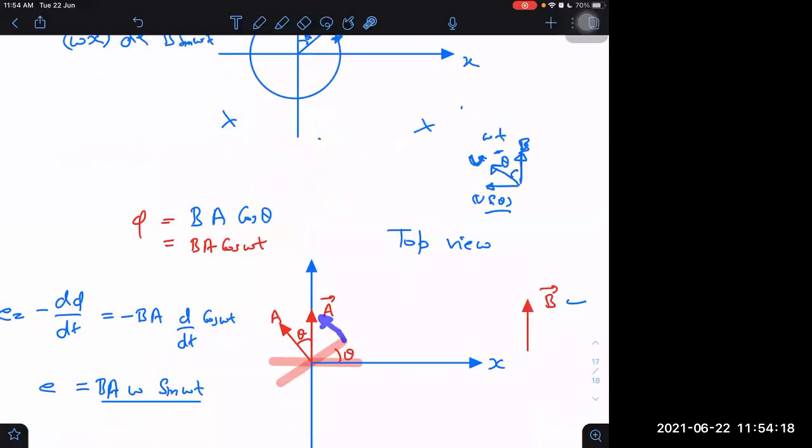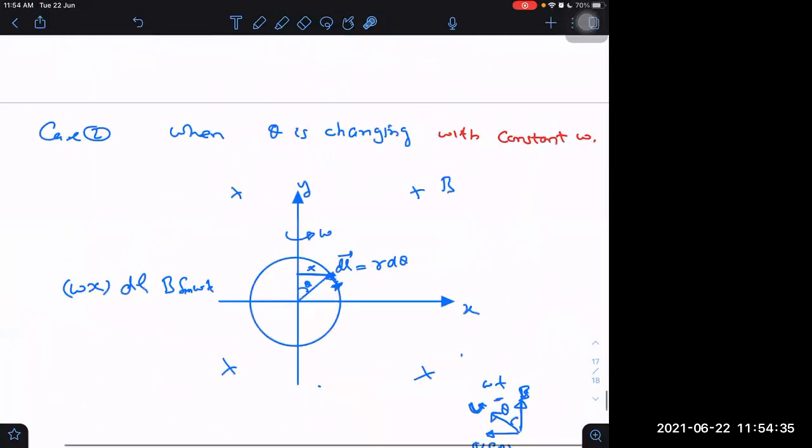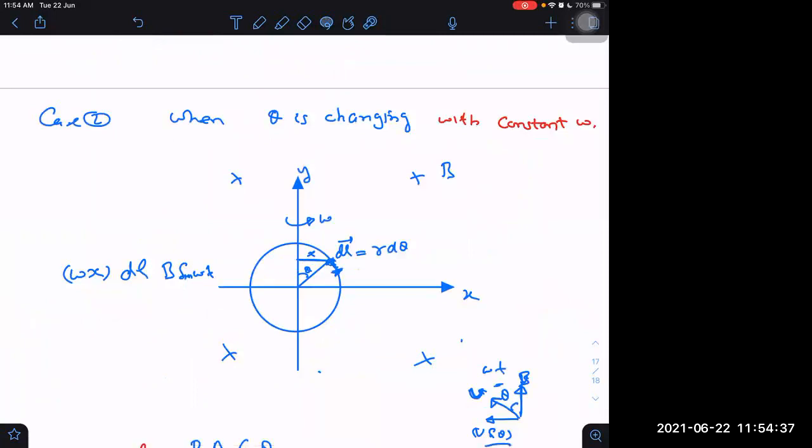Velocity this side, it has one component in this direction, and the magnetic field will be this side, so V cross B. Let us say upwards. It is upwards only. DL also I took as upwards only.